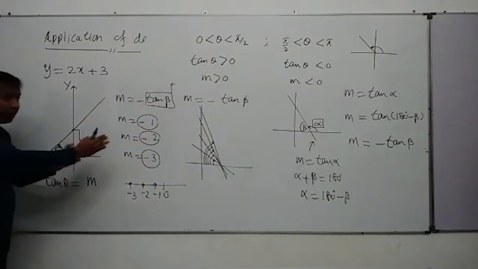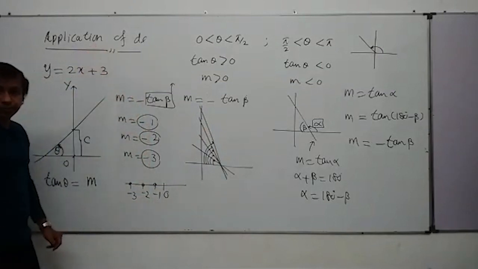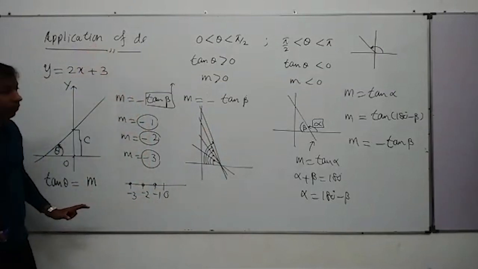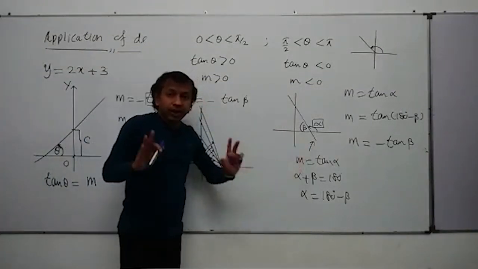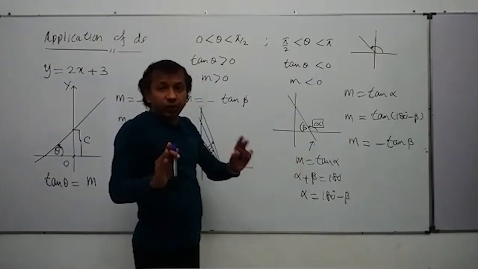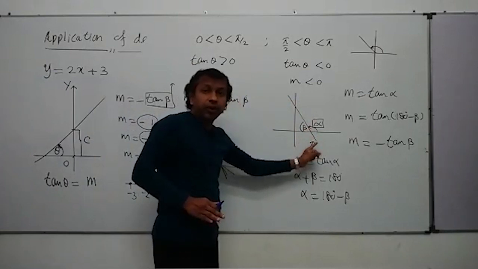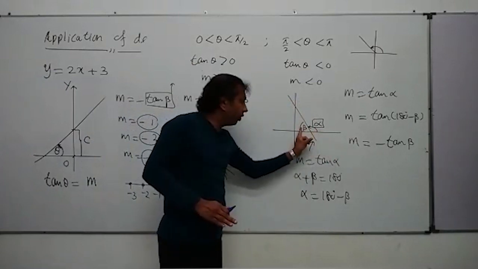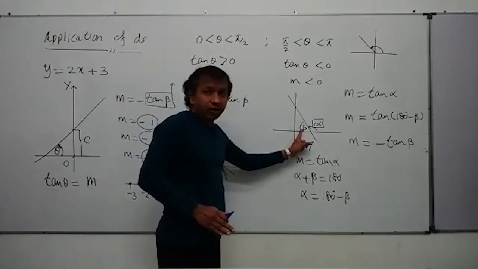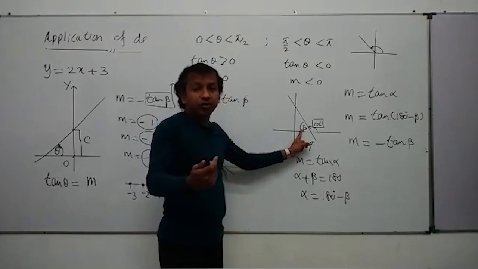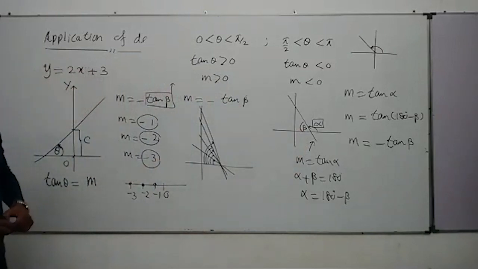Since there is no minus sign before that, the gradient is increasing through positive values. Okay. So therefore, a negative gradient line takes this form. To get its gradient, people, since we know its gradient is negative because of this shape, put a minus sign, and instead of this angle, we can take this angle to get the gradient. Okay. Tan of this angle, put a minus sign before that. Okay. Right. Now this way we can find the gradient.